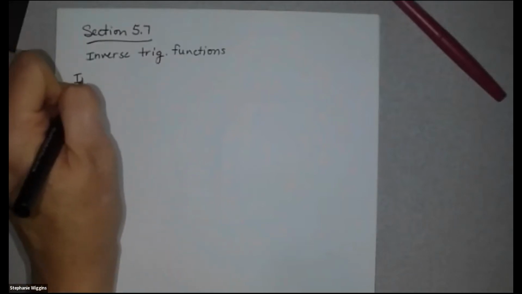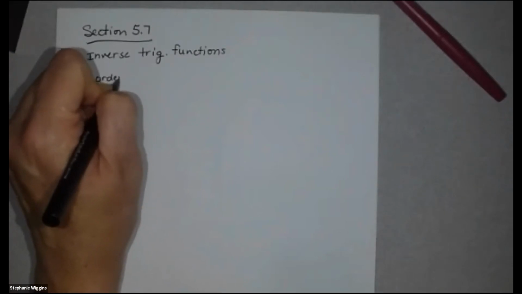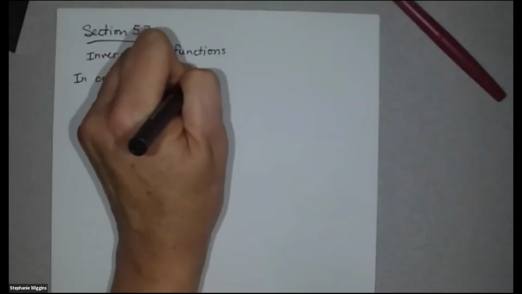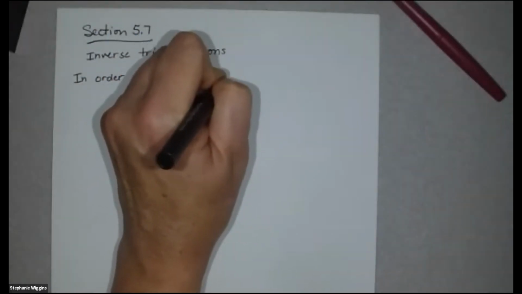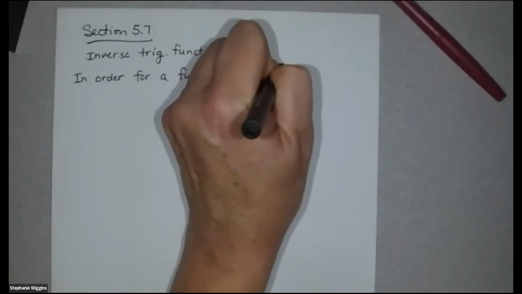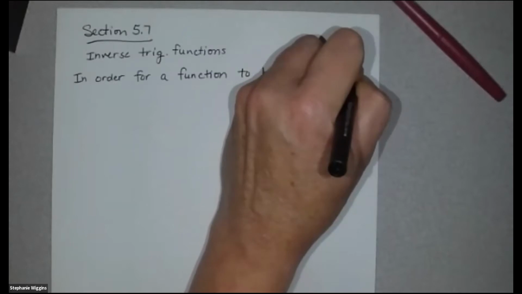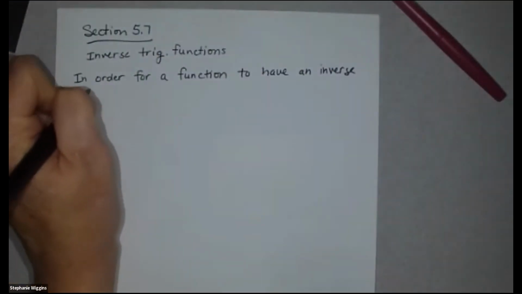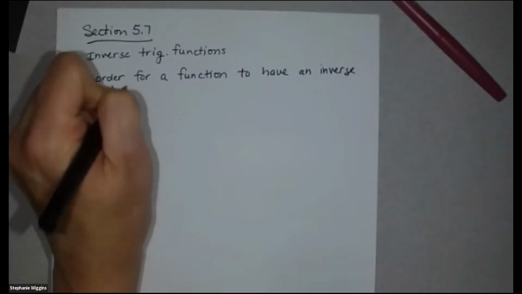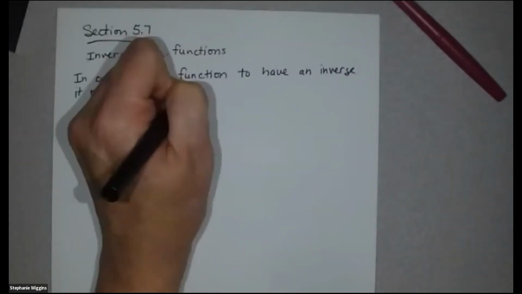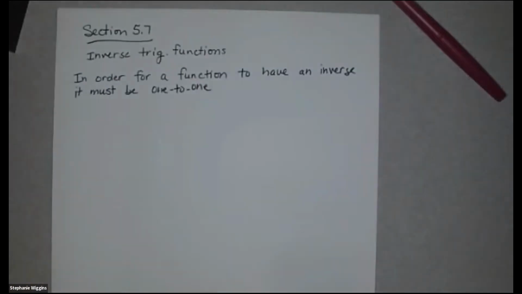This is a little bit of a review from algebra. In order for a function to have an inverse, it must be 1-to-1, okay?